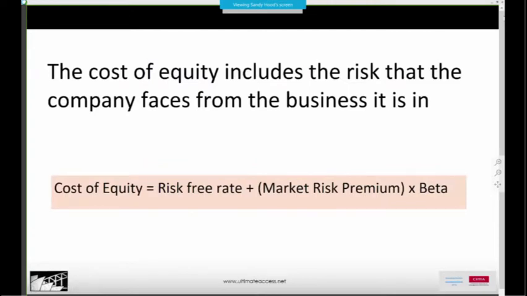That final section in that sandy box is beta, and that would be the recognition of the individual company's equity beta in relation to how it responds to changes in the market. So, the cost of equity includes risk that the company faces from the business that it's in.